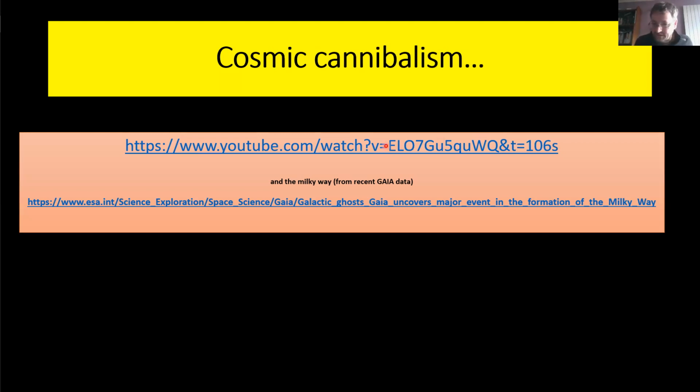It's of course interesting for you because now we talk again about a very recent finding published in 2020 or 2021 about our Milky Way. 90% of the stars rotate in one direction, 10% in the other.